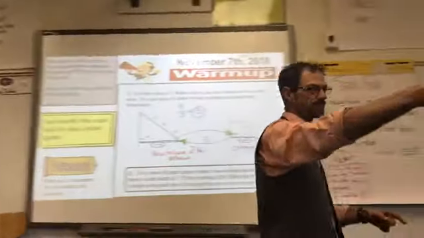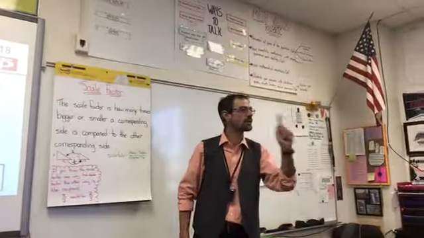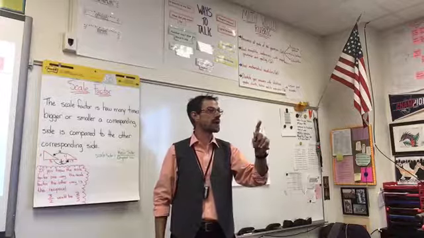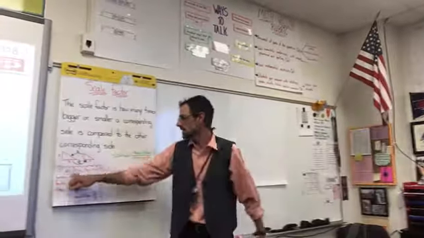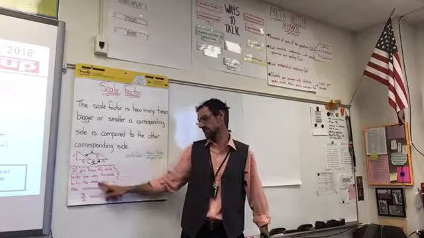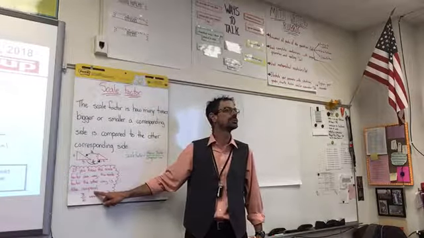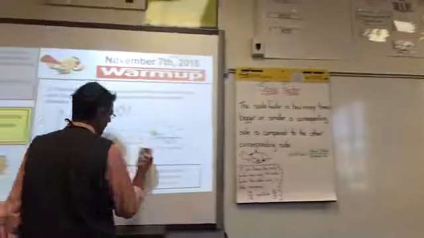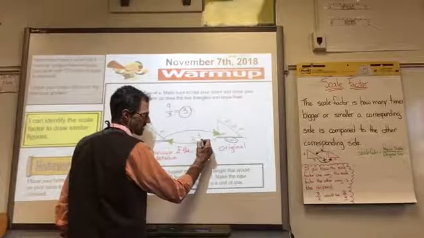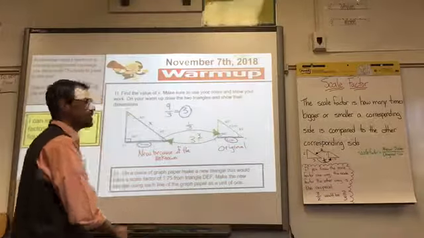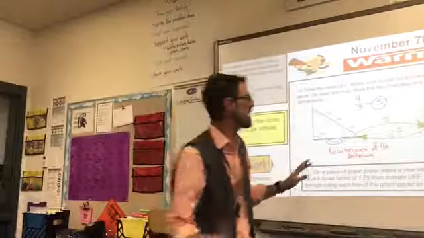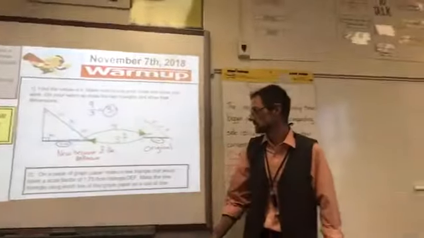So ready? Hold on. When you figure out one scale factor, you do not have to do the other. What is it? 1/3. 1/3. If you know the scale factor one way, the scale factor the other way is the reciprocal. So here, we know that 3 is the same as 3 over 1. So going the other way, we have a scale factor 1/3. Not that we need it, because now I know the scale factor of 3.